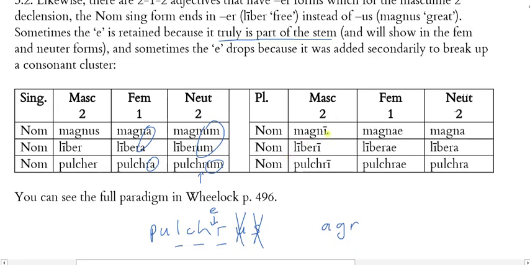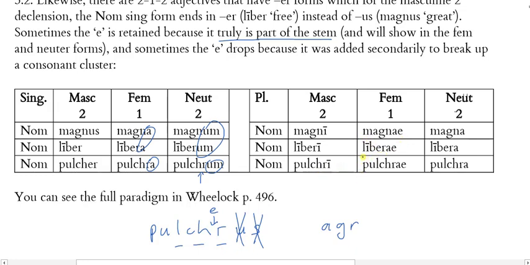All right, and then for our nominative plural forms, magni. We'll go ahead and read down liberi, pulcri. The difference between liber and pulcher here in this form is that liber retains the E that's part of the stem. Pulcri never had an E as part of the real stem, and that's why it's missing.